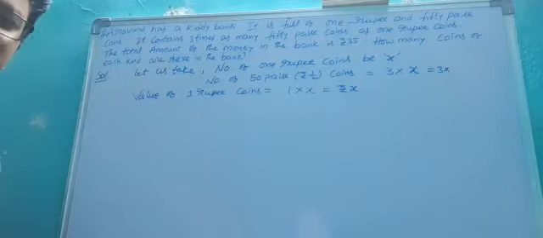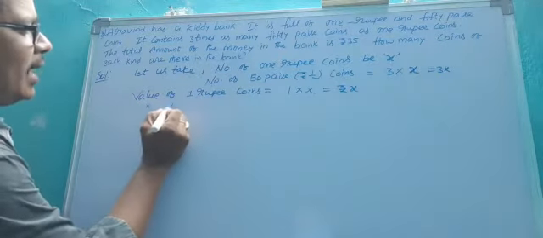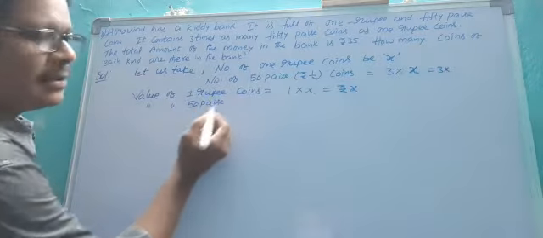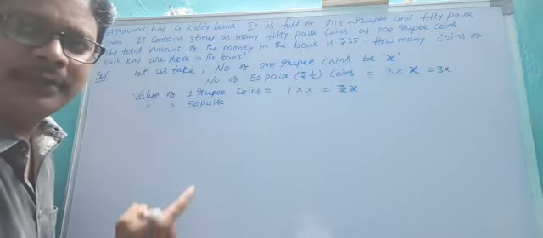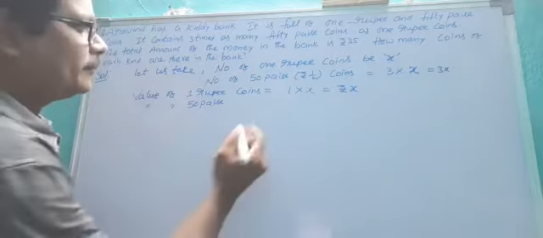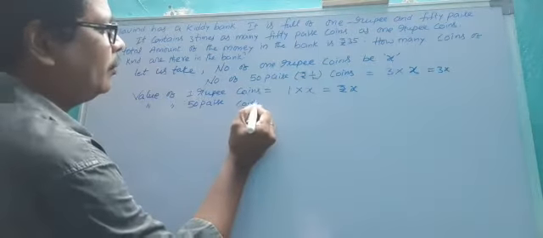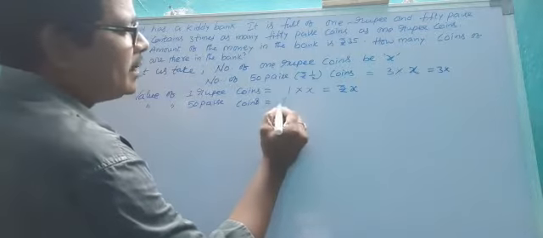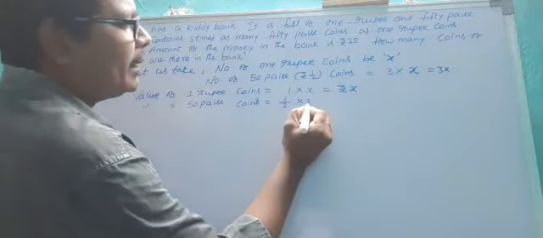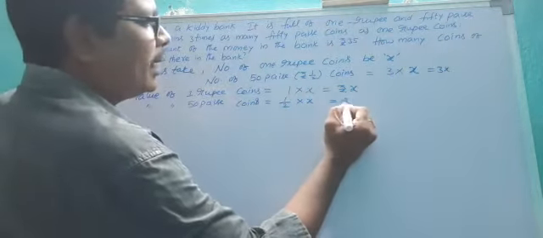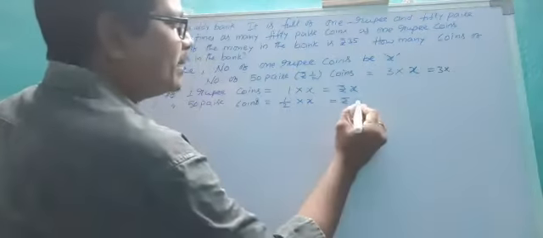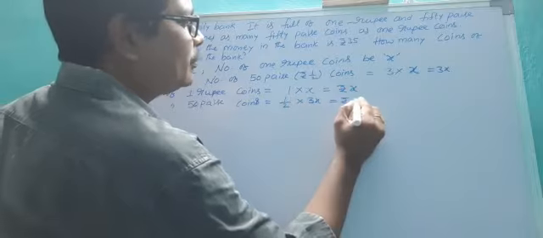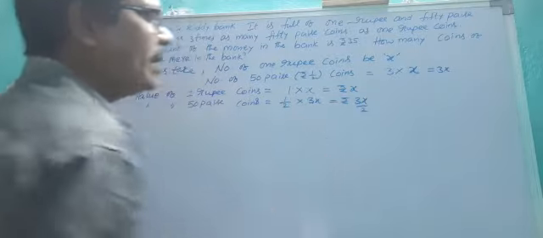As well as the value of 50 paisa coins. Now converting paisa into rupees, 50 paisa means half rupee. So the value of 50 paisa coins is half rupee into 3x, which in rupees is 3x by 2.